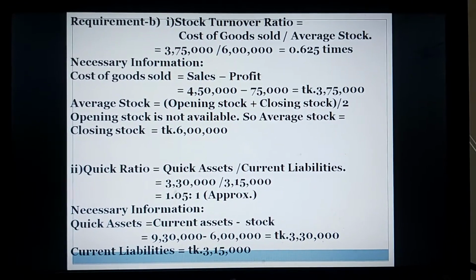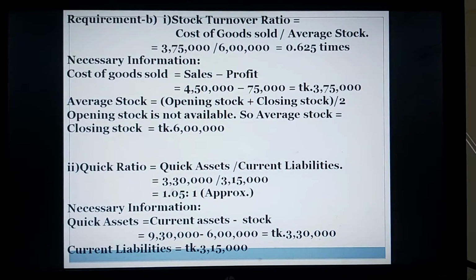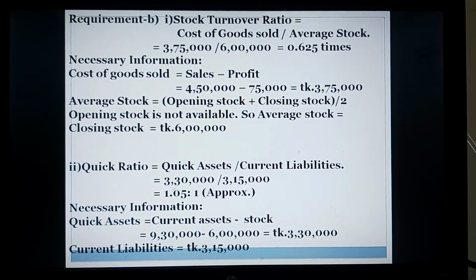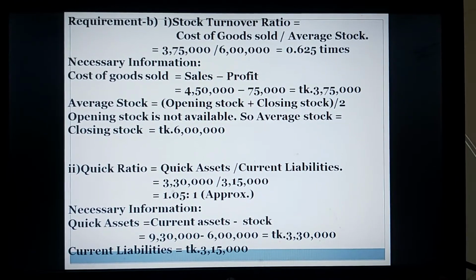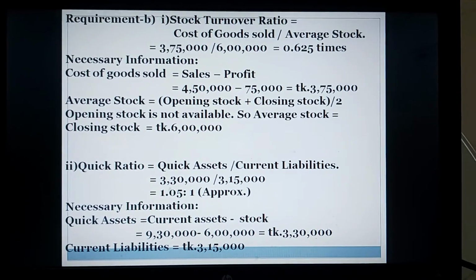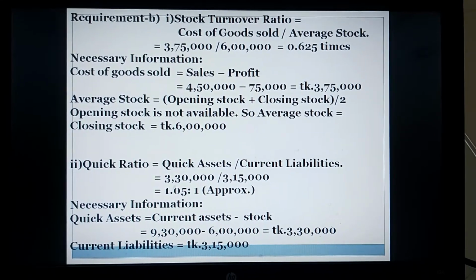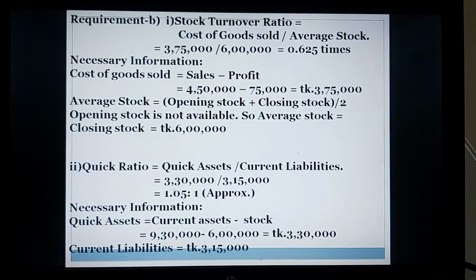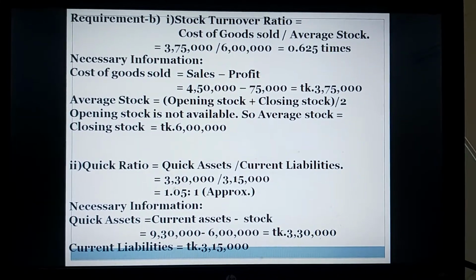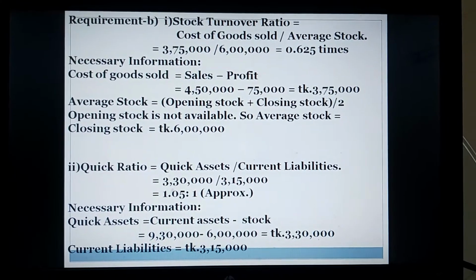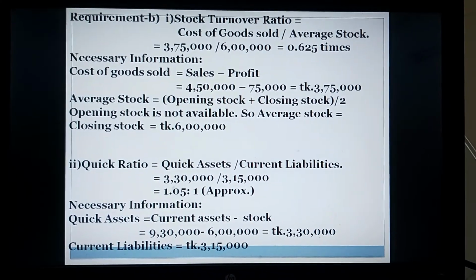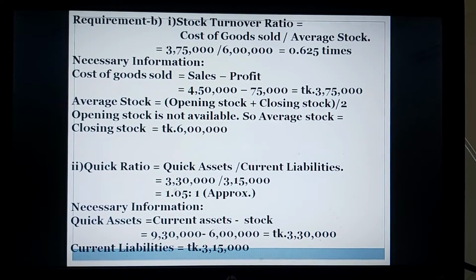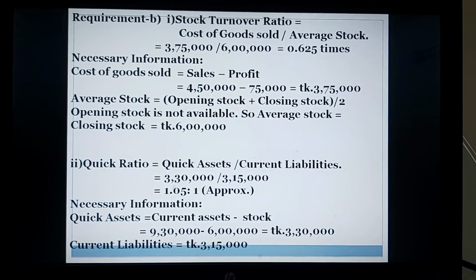So in this math, quick assets is equal to current assets minus stock in trade, that is closing stock. From requirement A, current assets is 9,30,000 minus stock in trade, that is from the stem, taka 6 lakh. So quick assets is taka 3,30,000.